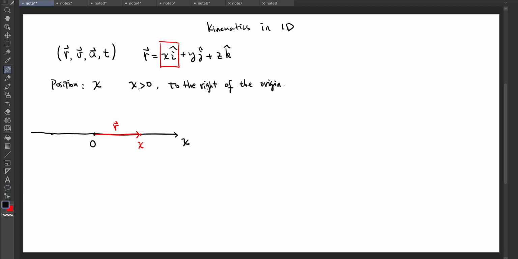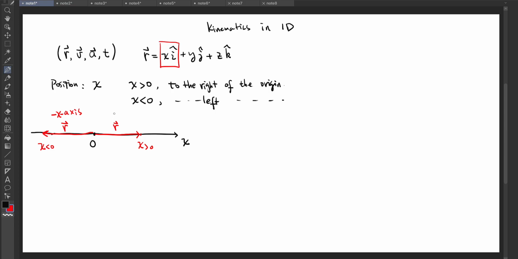And if the x here is negative, then it's to the left of the origin. So if I draw a position here, where x is negative, then I can draw an arrow starting from the origin, pointing toward this negative x point, and that represents the position vector r, which is in the negative x direction.